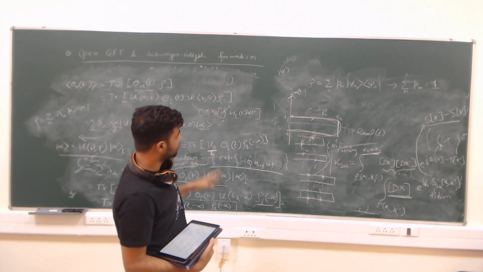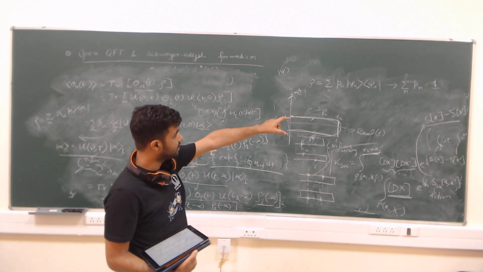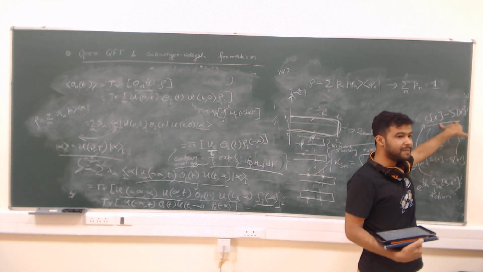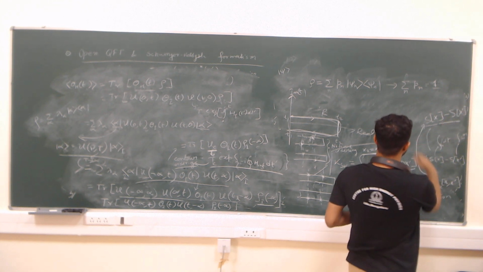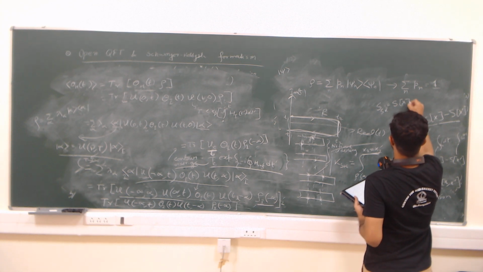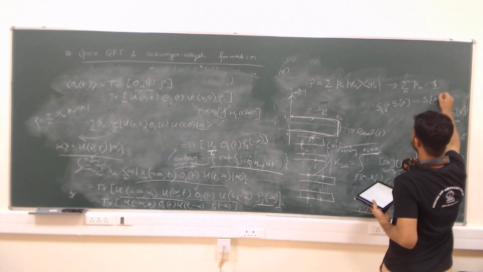Also remember that whatever we have considered here, the x and x prime branches are kept independent. There is no mixed term in the Schwinger-Keldysh case until now. This is just a decoupled kind of term.